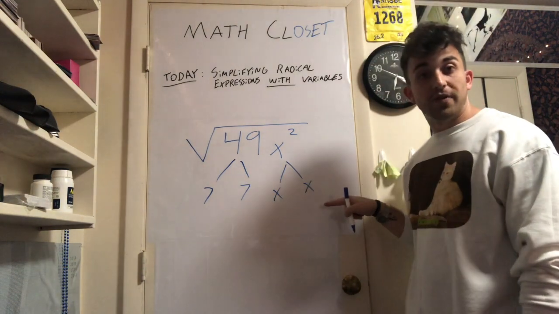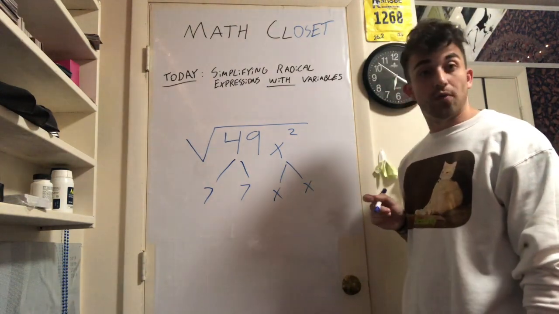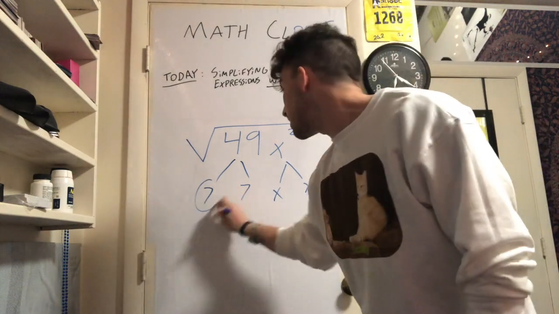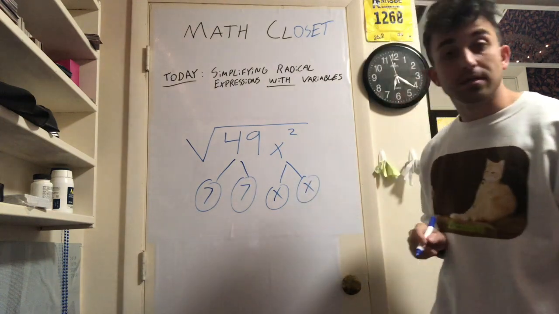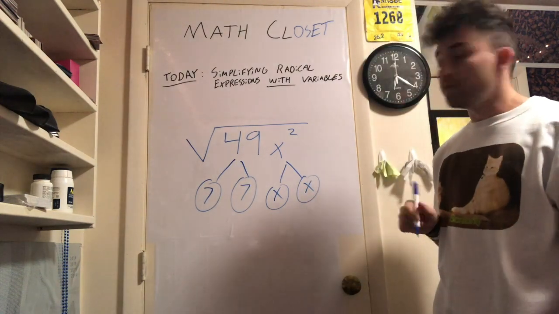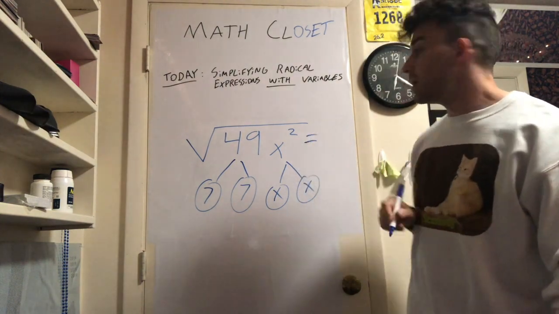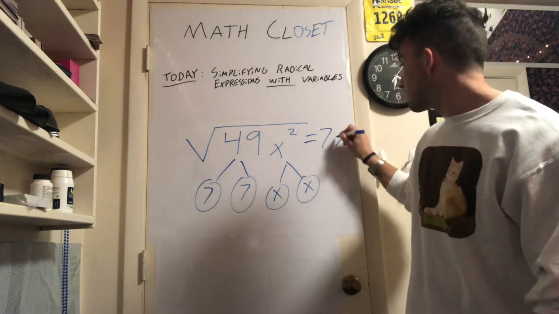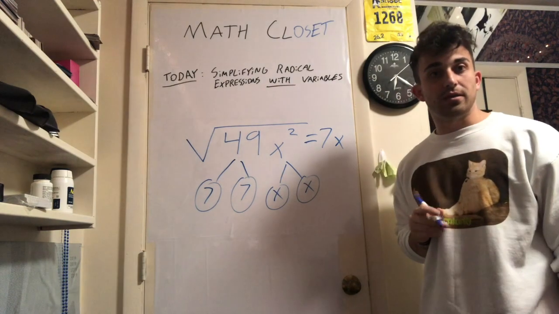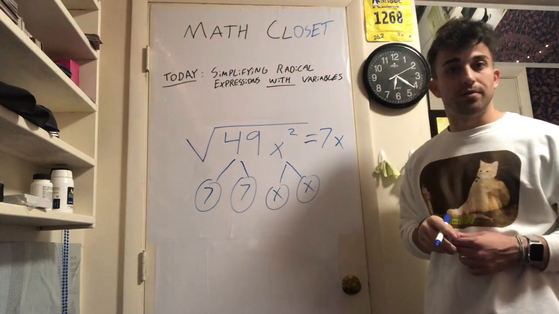I have all prime factors, and so now I look for pairs. I see a 7 and a 7, that's one pair, and I see an x and an x. That's all the terms taken care of. So the square root of 49x squared is 7x. 7x times 7x equals 49x squared.